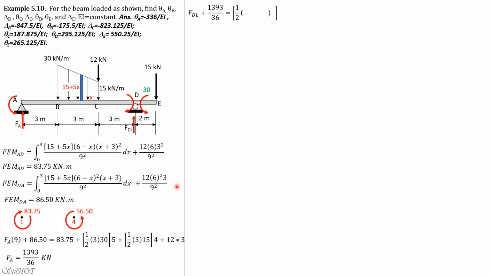So summation of forces versus y, FDL plus 1393 over 36 plus area of the trapezoid plus 12 equals 0. So FDL equals 1469 over 36 kilonewtons.